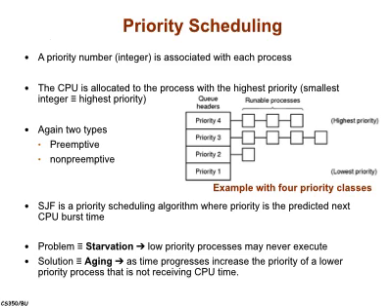So again, just as with shortest job first, we have two types of priority scheduling: preemptive and non-preemptive. Under a non-preemptive priority scheduling, if a process is scheduled on the CPU, and let's say a higher priority process arrives in the ready queue, then the currently executing process would be allowed to complete its CPU burst, and then only the high priority process would get to execute.